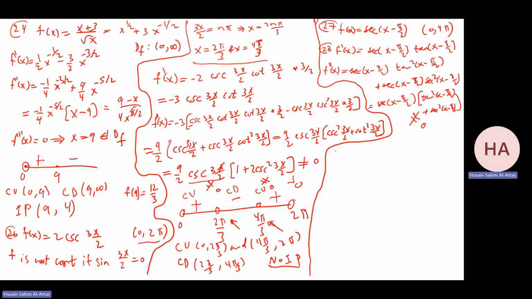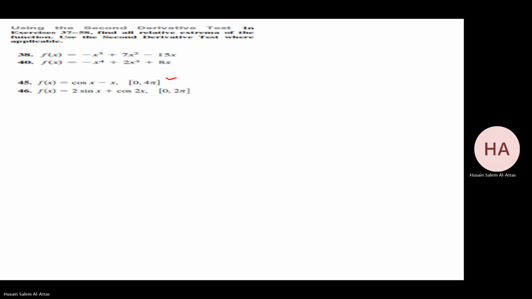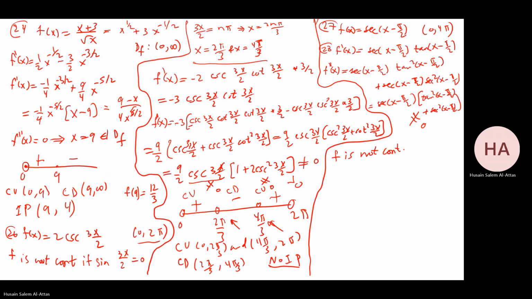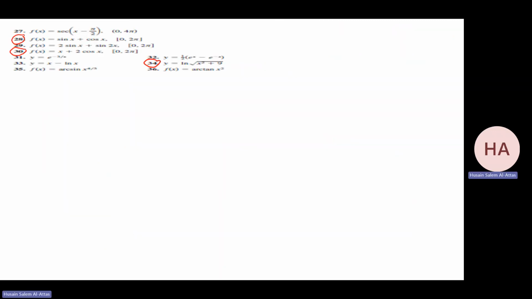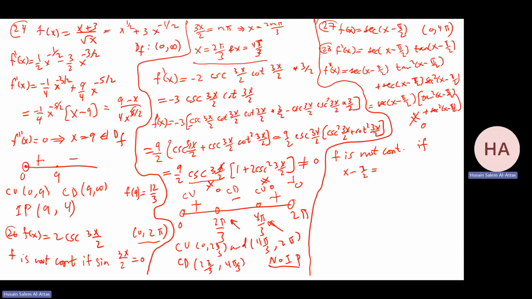Be careful. You need to check when f is not continuous. If it's not continuous, f, secant x minus pi over 2, will be undefined when cosine x minus pi over 2 equals 0, which is pi over 2 plus n pi.